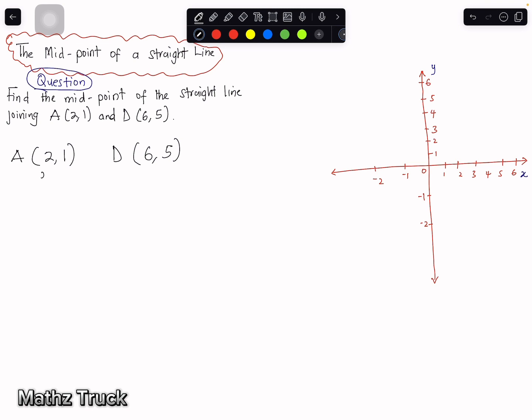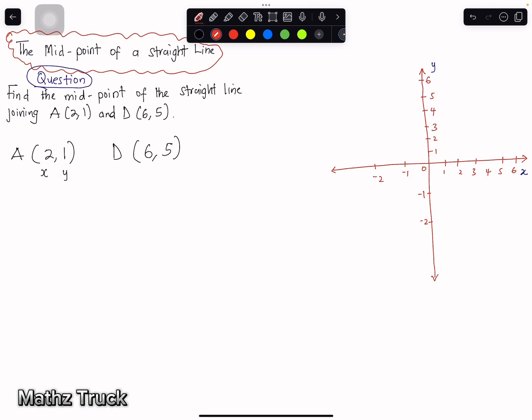The 2 is on the x-axis, the 1 is on the y-axis; 6 is on the x-axis, 5 is on the y-axis, just for you to remember that.